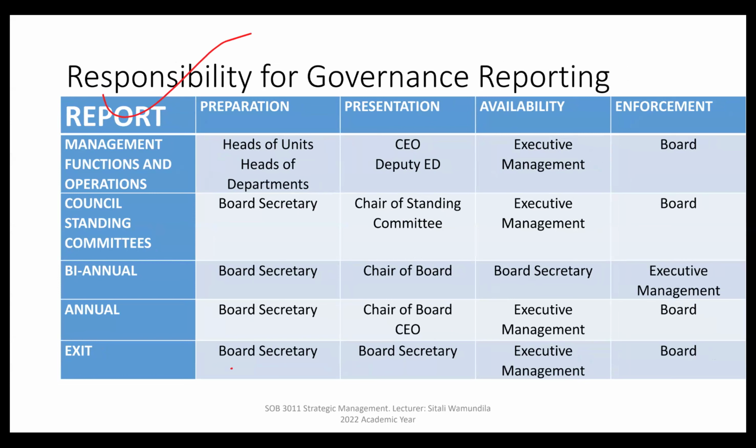And who is going to present it? It's going to be presented to the CEO and or deputy, then director. Then you have executive management that will be available, and the one who will enforce this is actually the board.